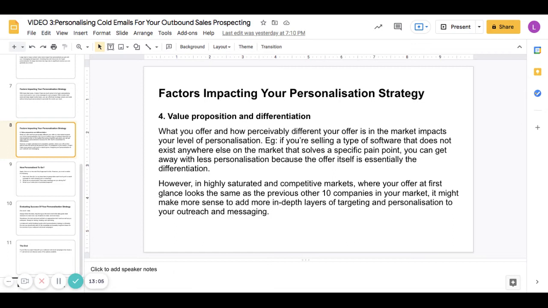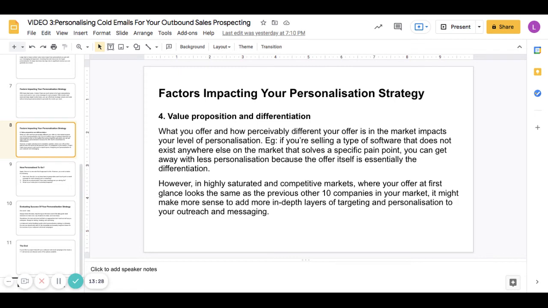That's going to stand out just on its own, the offer itself, the value proposition of that offer. Okay, so if it's something that not many other people have or do, you can really get away with less hyper-personalization, because the value proposition is so unique and so different in that specific target market.